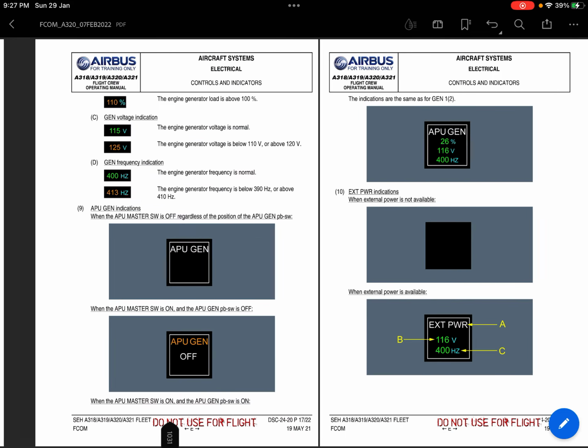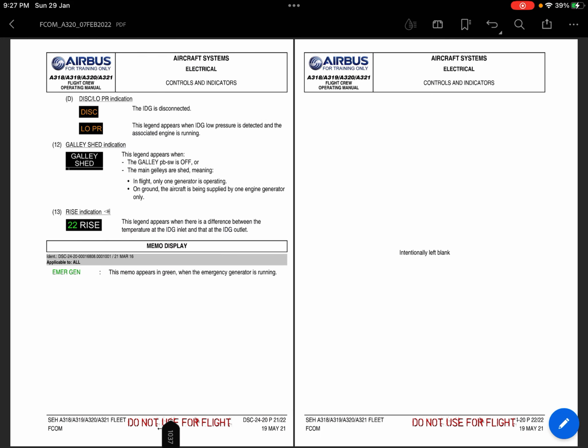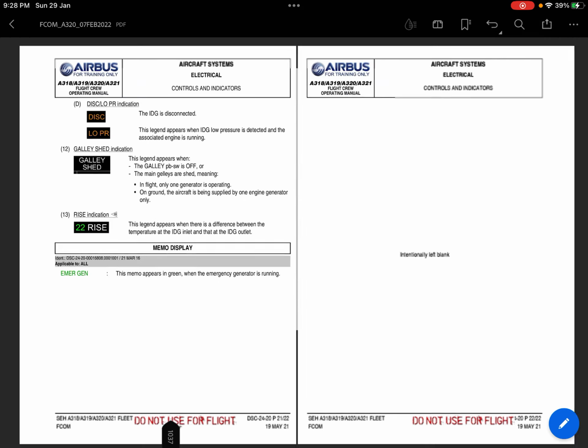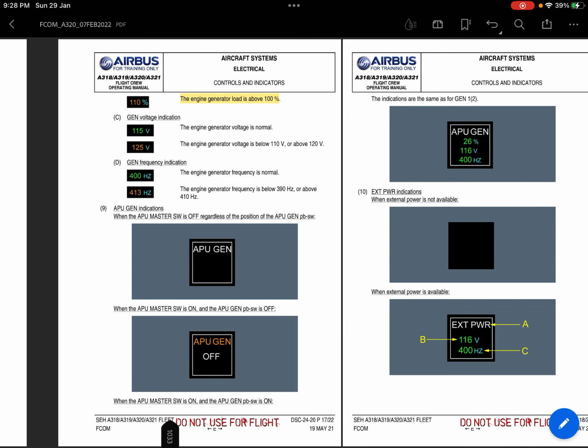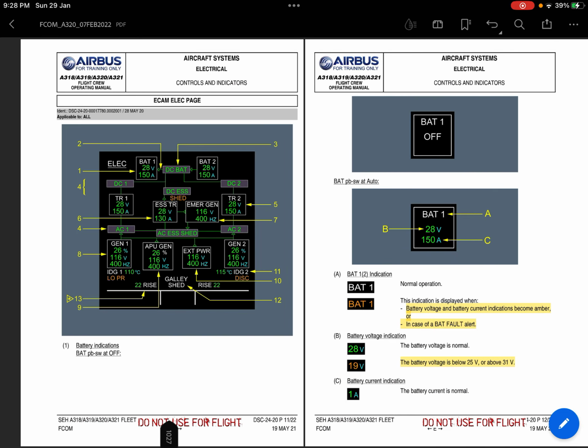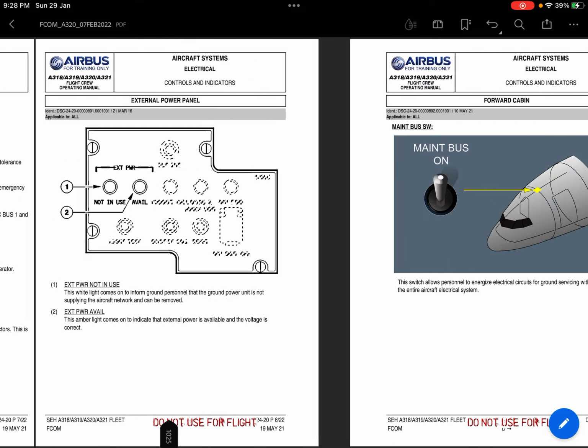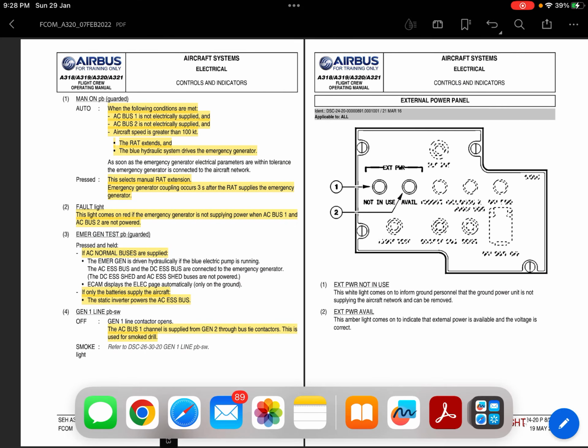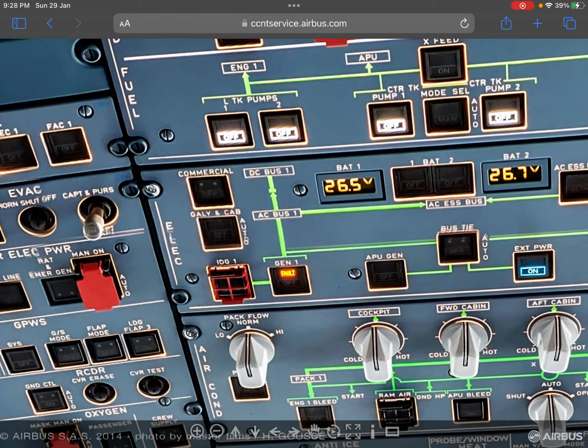Will we be able to find it or not? Here it is. Galley shed is there? No. They are talking about this galley light. Let me show you first.